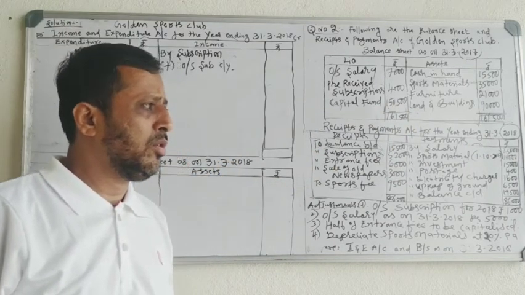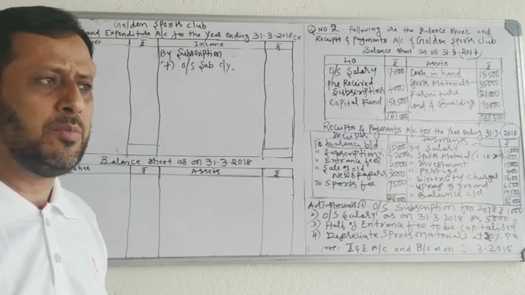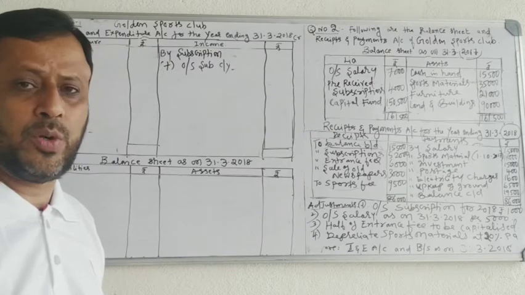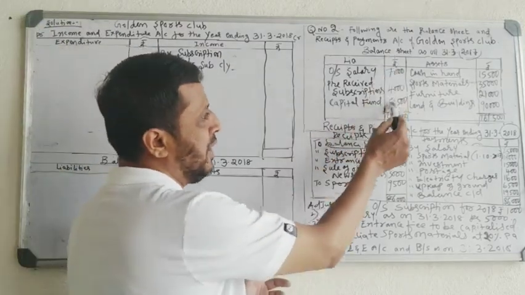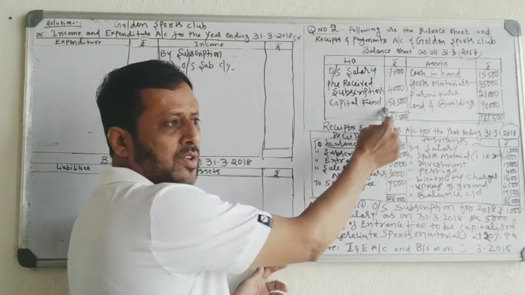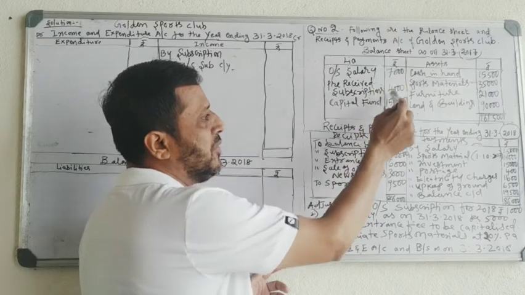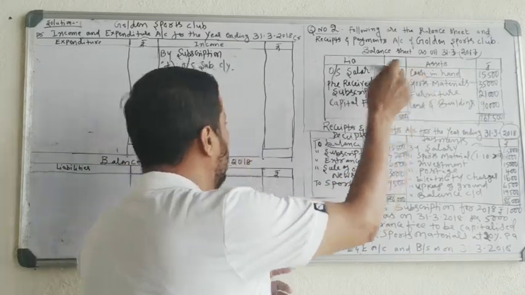So, you must also know the treatment of outstanding items and received in advance items. Outstanding items given in the balance sheet, last year balance sheet. This is the last year balance sheet. We have some outstanding items here. That outstanding items of the last year you have to deduct.